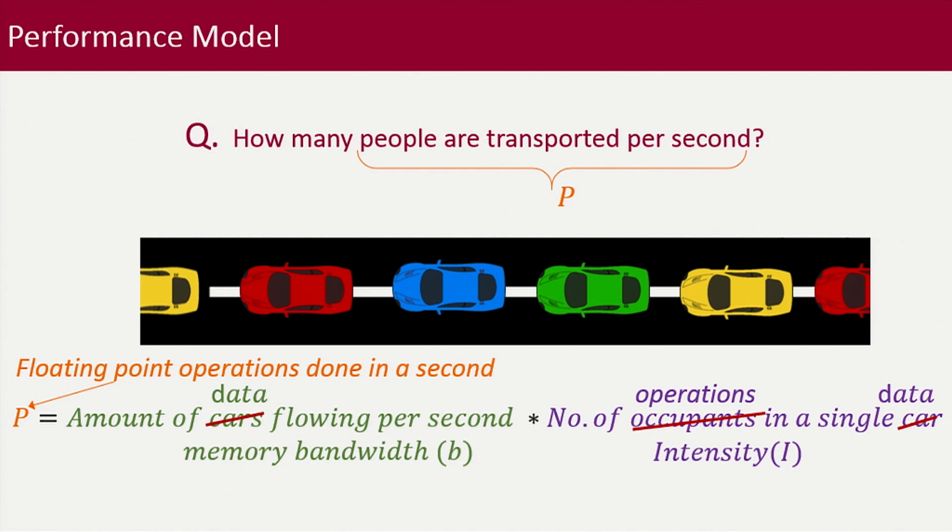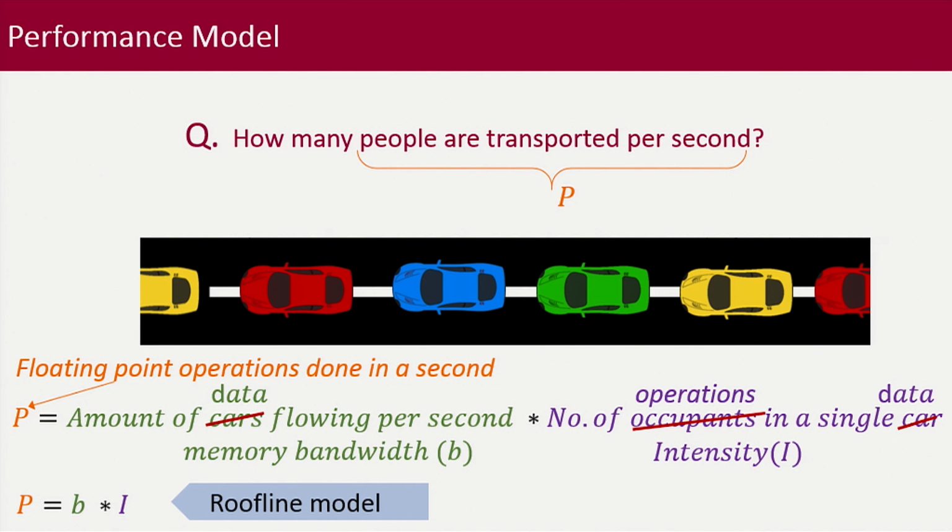And the number of floating point operations done per data transfer is called intensity, I. This means performance P is nothing but bandwidth times intensity. The formula holds mainly for performance on an entire socket or chip for data-intensive streaming codes like we have in sparse kernels. This is the so-called roofline model.